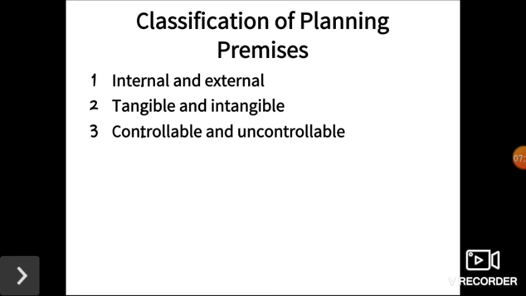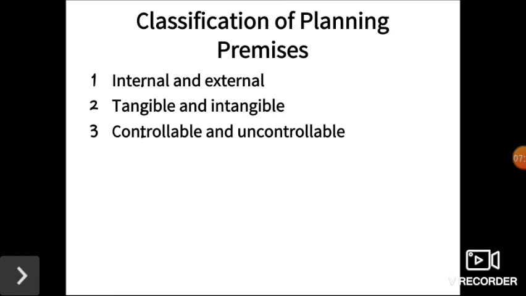Then uncontrollable premises. Uncontrollable premises are those which cannot be controlled by organizational action. They include the rate of economic growth, population growth, taxation policy of government, natural climate, war, etc. Some premises can be controlled to some extent but not fully.